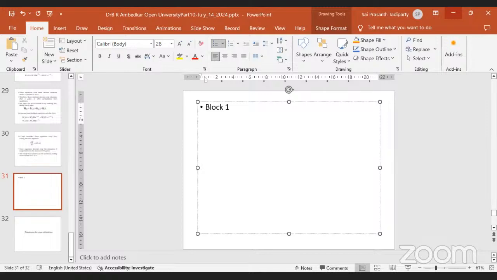We define it as the distance traveled by a particle before it loses its complete energy and comes to a rest position, and it is represented by capital R. For an alpha particle, capital R is equal to 0.318 into 10 to the power of minus 2, E to the power 3 by 2. Okay, so that is the range.